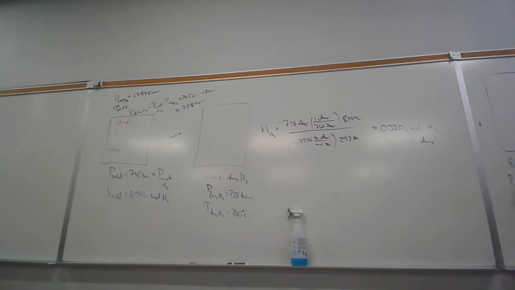What's my pressure of H2O gas? The pressure of the H2O gas was 17.5 torr, or I just rounded it to 18 torr. And so I have my volume, I have my pressure, and I need my temperature.